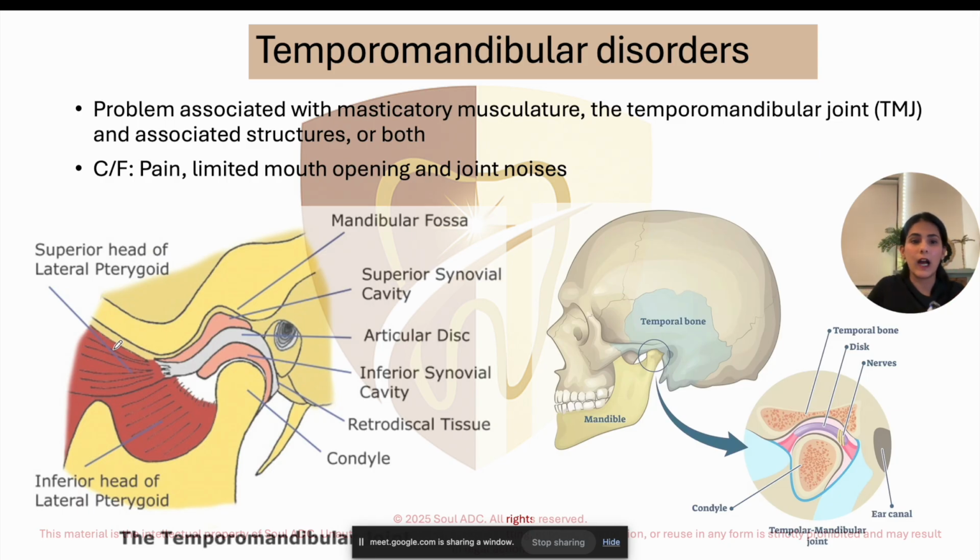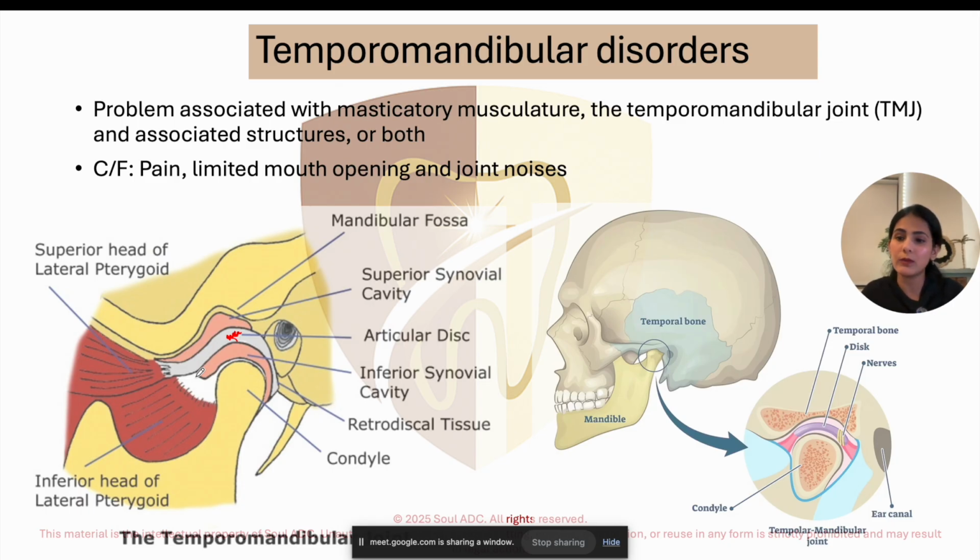Then we have your articular disc here. And this articular disc divides the joint into two parts, that is your superior synovial cavity and your inferior synovial cavity. Because it's a synovial cavity, it has synovial fluid, so we call it a synovial joint.